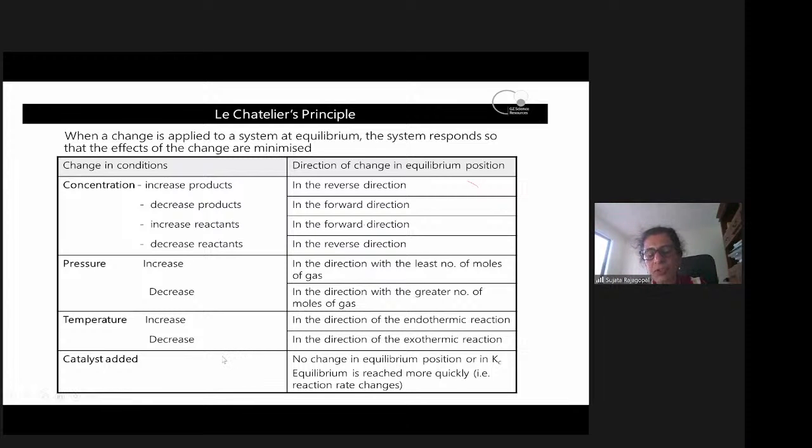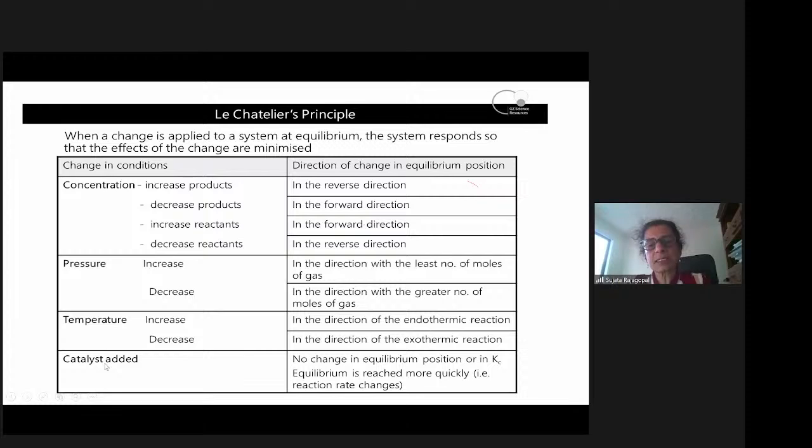If the temperature is decreased, it is in the direction of the exothermic reaction, which means the enthalpy of the reactants is greater than the enthalpy of the products. That's why you get a negative sign, because your delta H is delta H of the products, take away the delta H of your reactants.